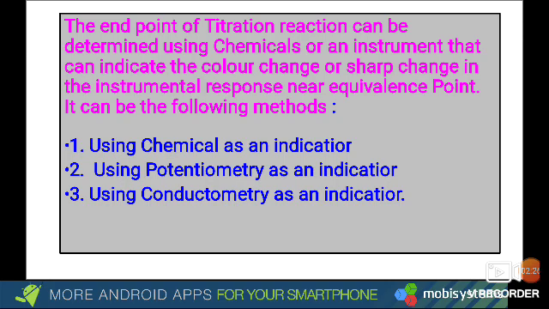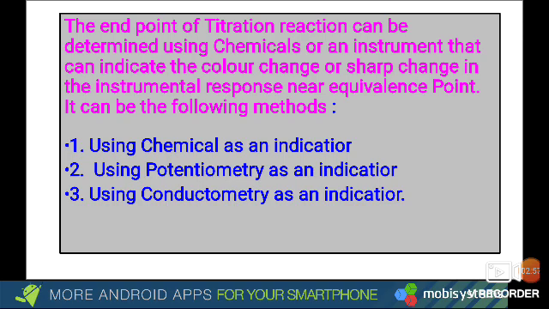Instead of chemicals you can also use an instrument as an indicator. In the second case you can use potentiometry as an indicator, or in the third case you can use conductometry as an indicator. The chemical indicator and the theory behind it we have already discussed, and we have also said that the chemical should be pH sensitive, and in that case you use it for your color change.